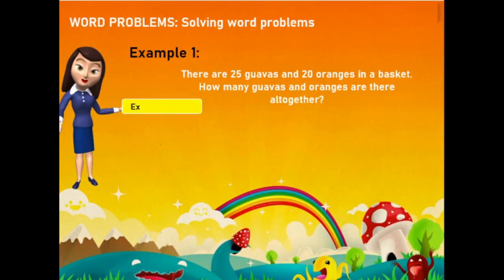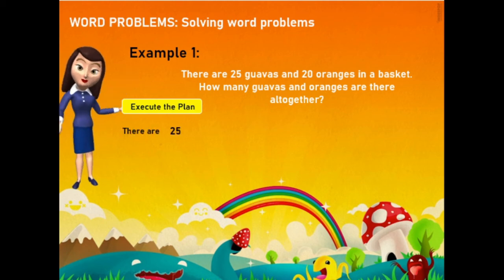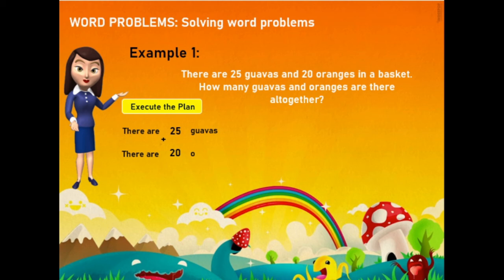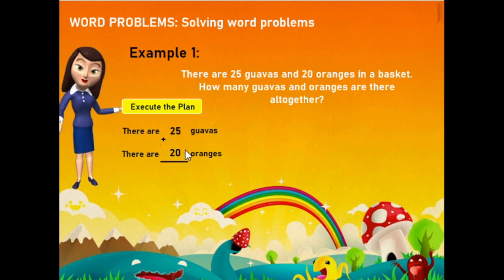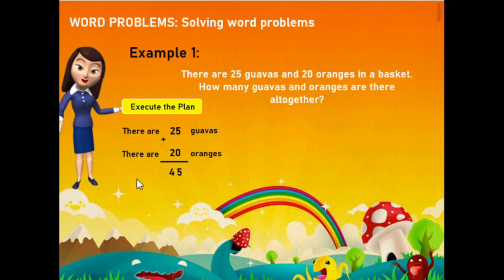Execute the plan, or let's solve. There are 25 guavas. There are 20 oranges. Put them together. Add them together. 5 plus 0, 5. 2 plus 2, 4.